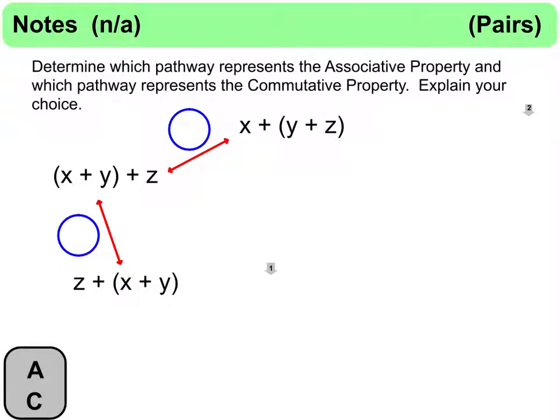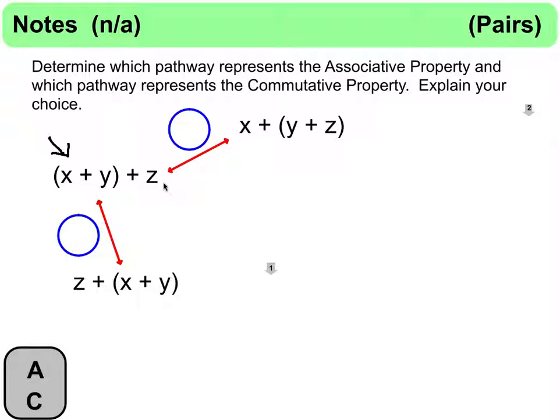In the notes, the teacher brings up this diagram, and we're looking at it. We see two circles, and we see our primary source, which is right here, our x plus y plus z. We want to know, if I changed it to z plus x plus y, did I regroup anything, or did I rearrange or swap what I had?